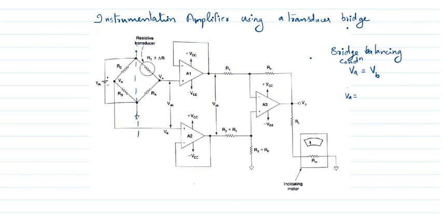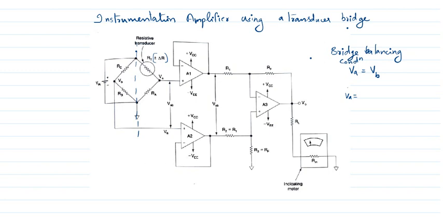The voltage VDC is given to RT plus or minus delta R. Now we just consider only RT. This portion I am just avoiding. Only consider RT, the thermistor or transducer resistance. VDC is passed through the resistance RT and RA and reaches VDC itself.